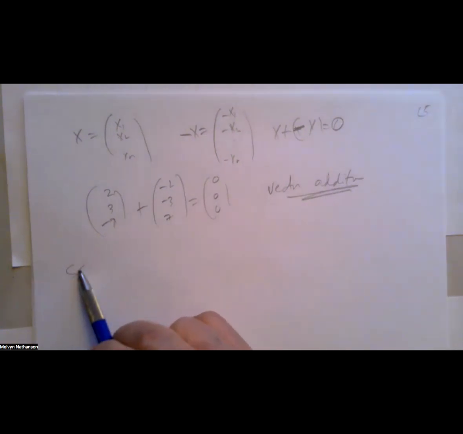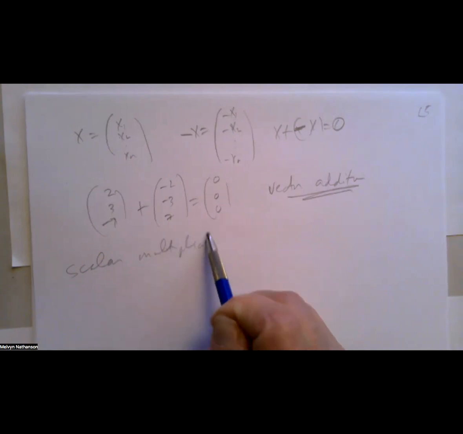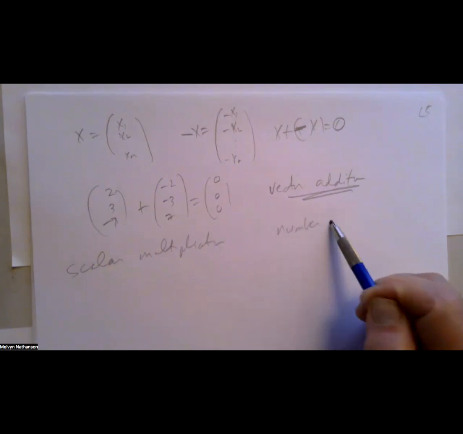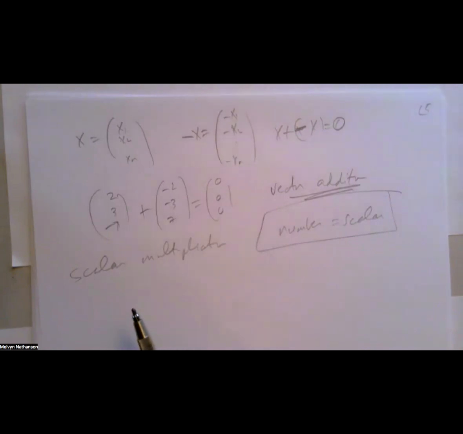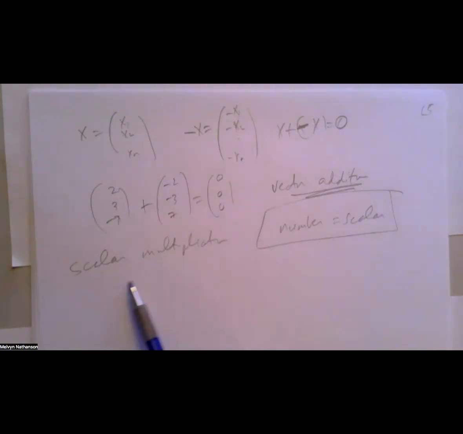There's also an operation that is called scalar multiplication. And in linear algebra, another word for number is a scalar. So number and scalar are synonyms in this subject. So scalar multiplication is when you multiply a vector by a scalar or by a number.